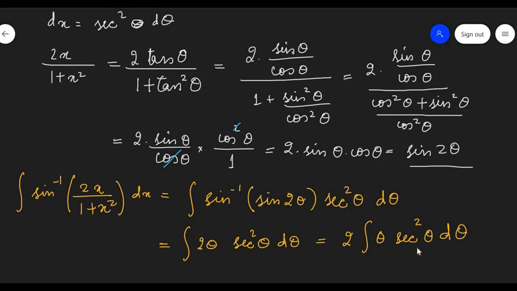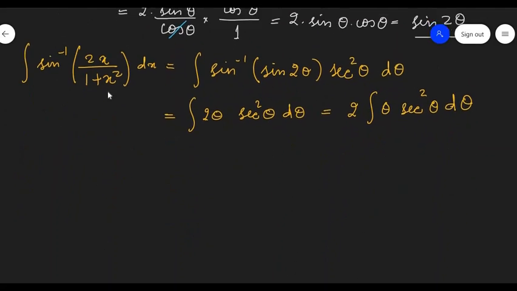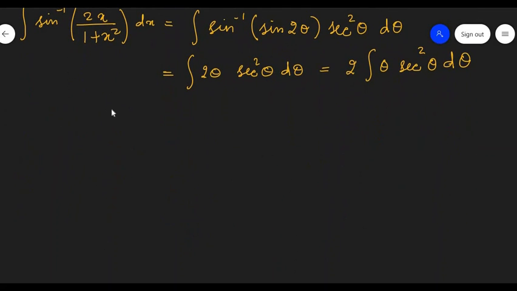Now here we have got two functions theta and sec square theta in multiplication, and therefore we are going to use integration by parts. We are going to select the first function and second function so that the first function is easy to differentiate and second function is easier to integrate.